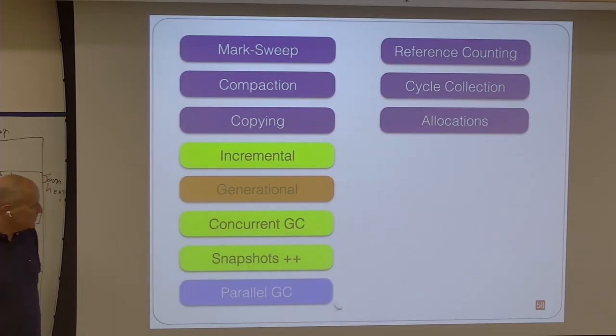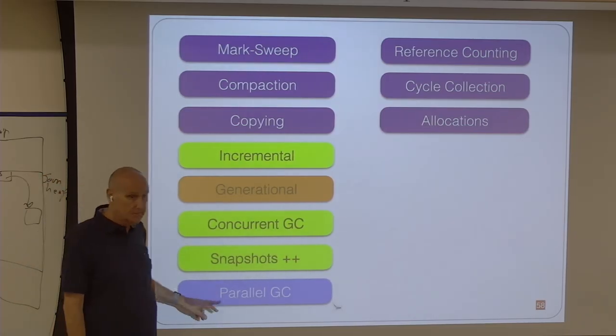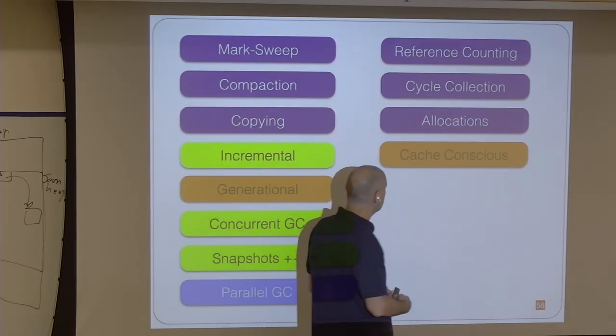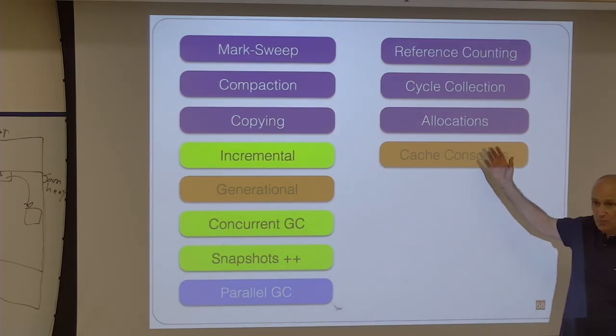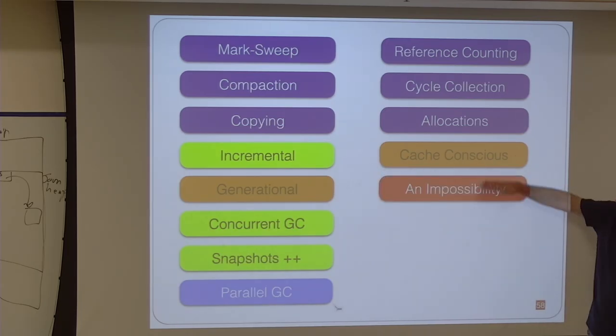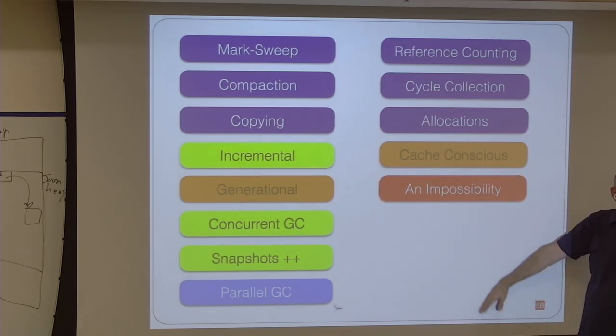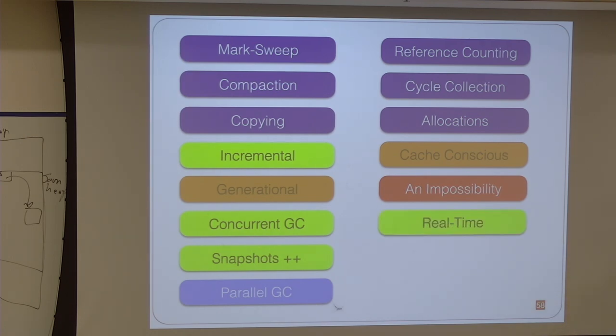We're going to spend weeks on that. Parallelism also, in the same spirit. Cache consciousness, hopefully we'll have time to talk about this. These things, I'm not sure we'll have time to go through, but we'll see as the semester proceeds.